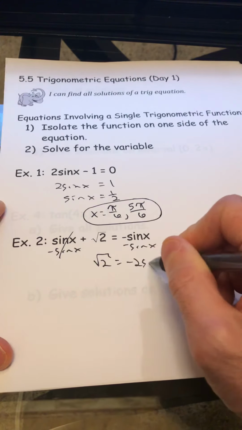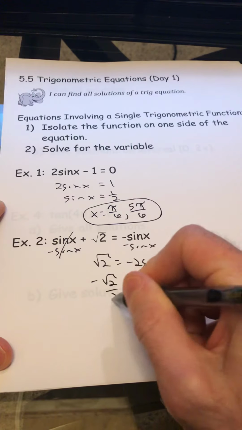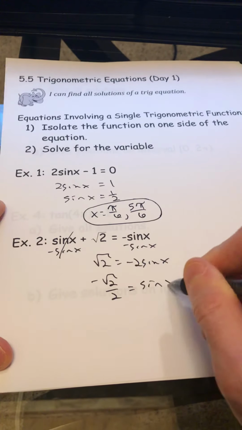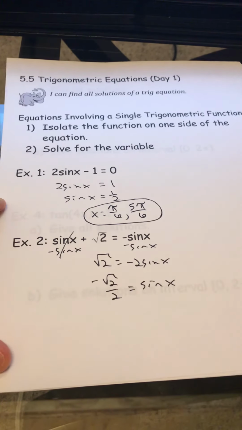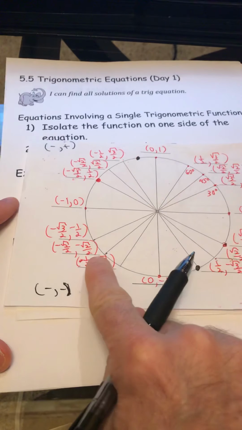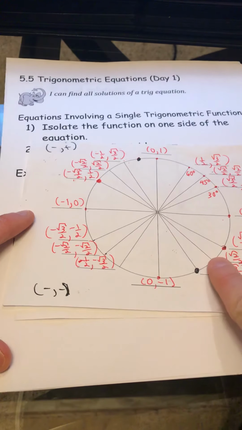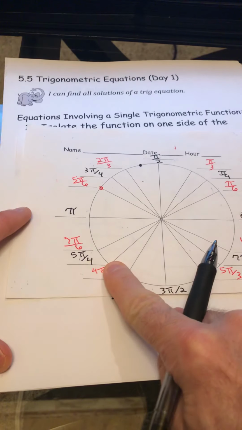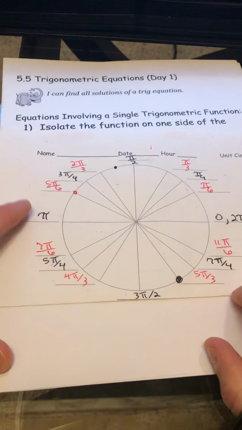So when we divide the negative 2 over, that's going to give you negative square root of 2 over 2 equals sine of x. Again, we're looking at our unit circle, where are those locations? Well, the y values are here and here, which corresponds to 5 pi over 4 and 7 pi over 4.